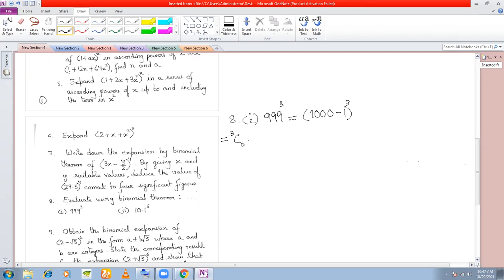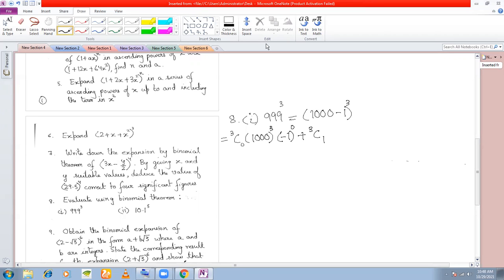3C0 1000 cube into minus 1 to the power of 0. Because there's a minus 1 here, that is why we are writing it with the sign.